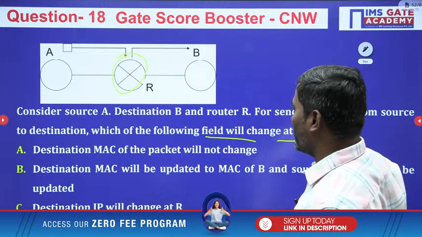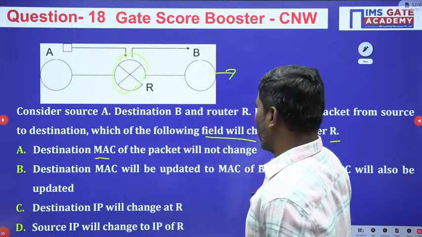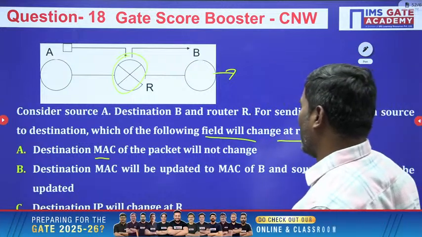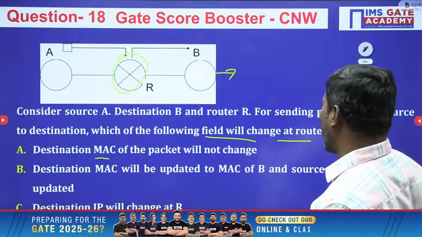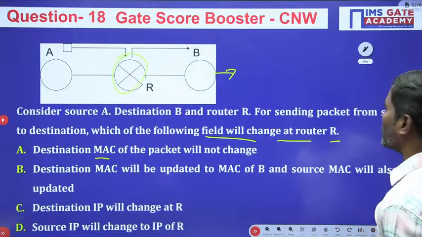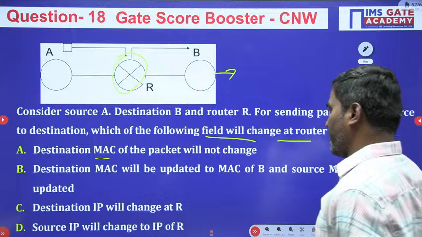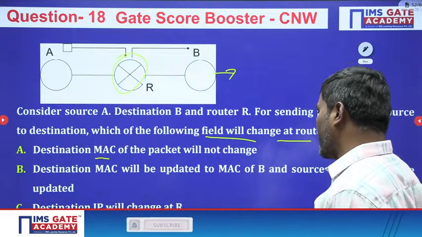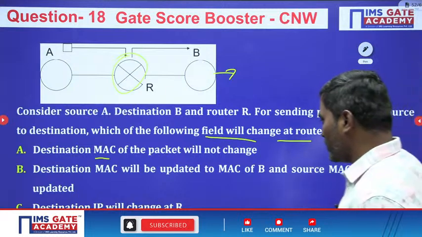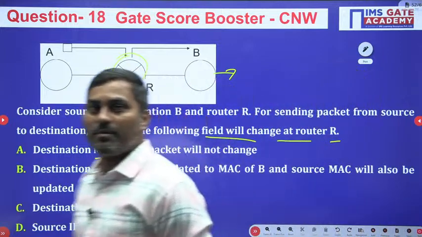Destination MAC will be updated to the MAC of B, and the source MAC will also be updated. Destination IP will be changed at router R. Source IP will change to the IP of R. What are the fields that will change?